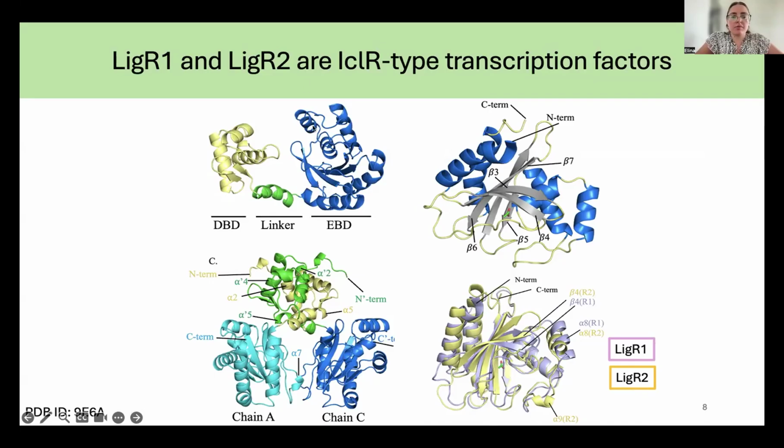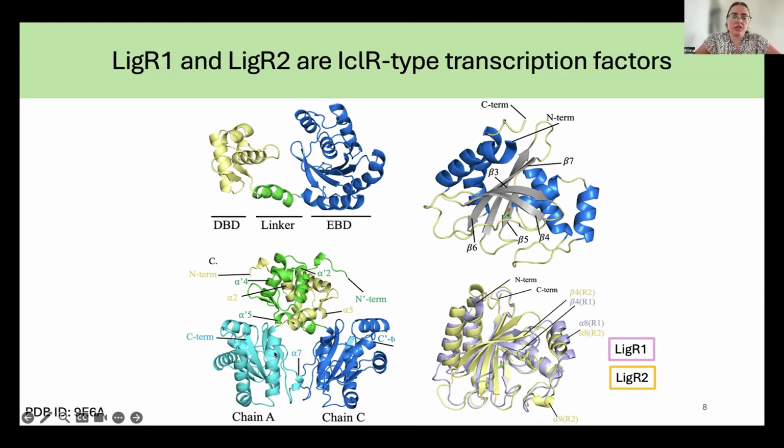You have an effector binding domain at the C-terminal end, and these two domains are connected by this alpha helical linker. Now, within the effector binding domain, we observed density for an acetate molecule, likely from the crystallization conditions, that was embedded within the 7-stranded antiparallel beta sheet.